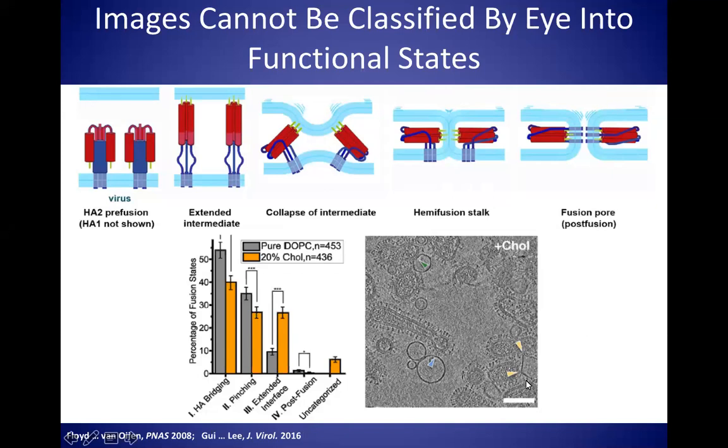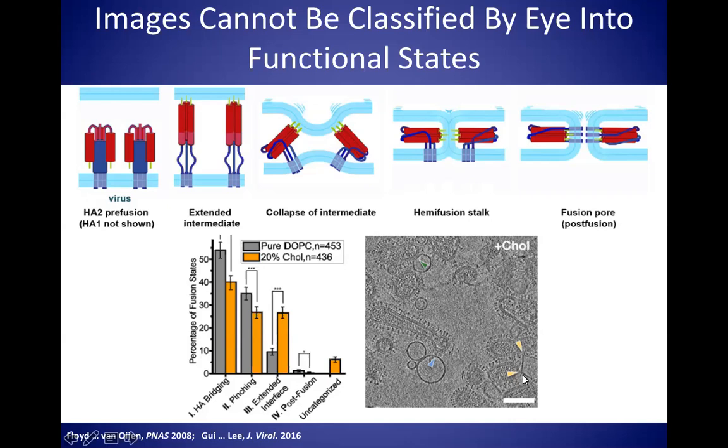And the reason I like it is because they actually took the step of characterizing different morphologies and quantifying them. And so they tried to do their best to put numbers onto a highly subjective interpretation. And so they identified morphologies like this extended interface, bridging, and pinching, as they call it.